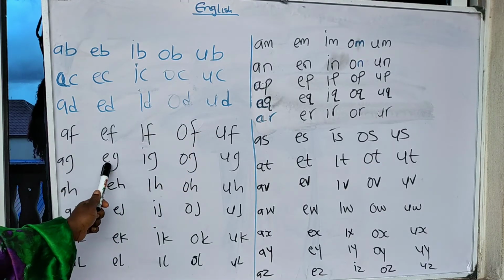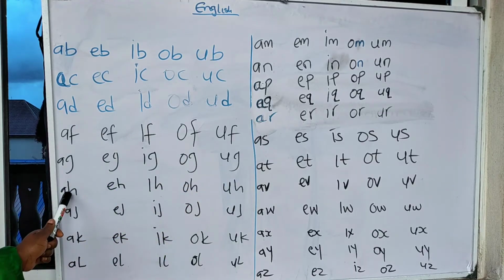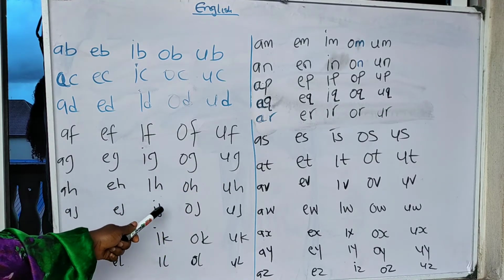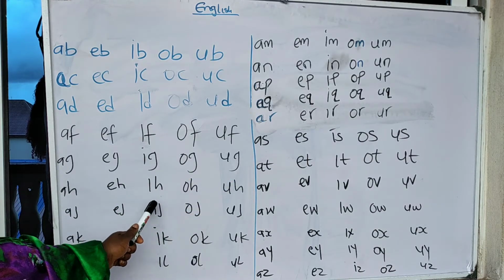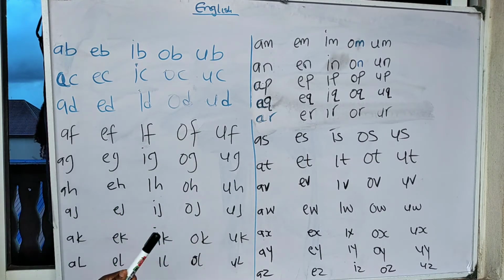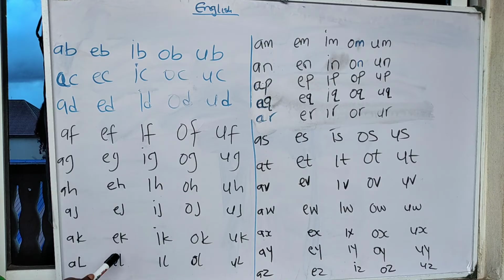Ag, eg, ig, og, ug. A, e, i, o, u. Ach, ech, ich, och, uch. Ak, ek, ik, ok, uk. Al, el, il, ol, ul.